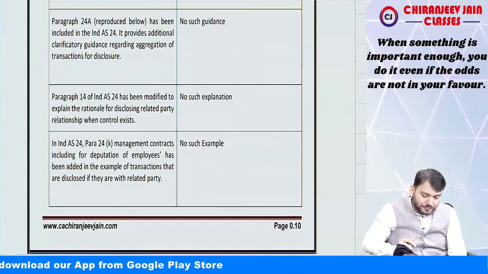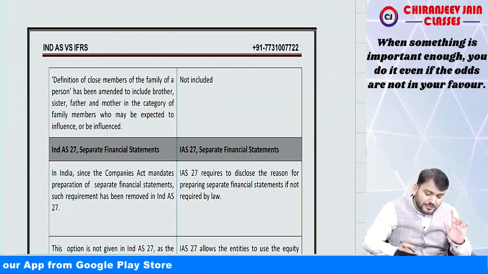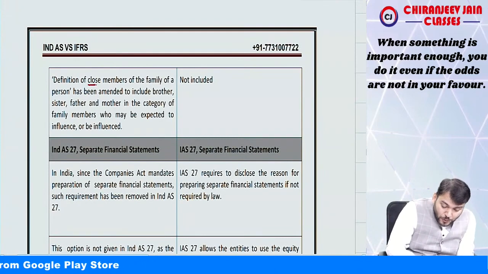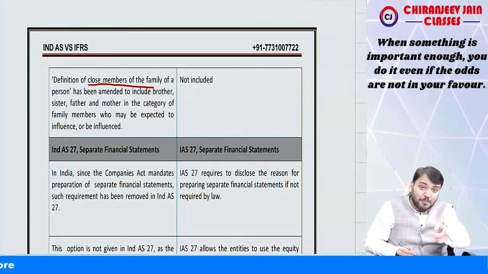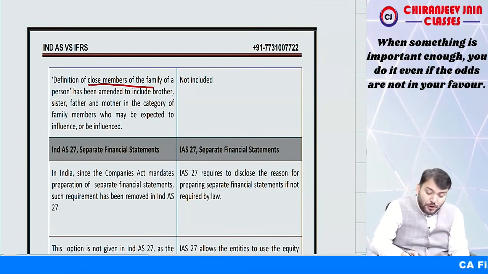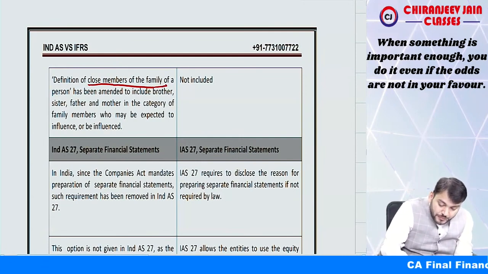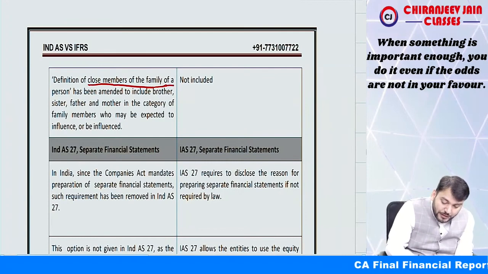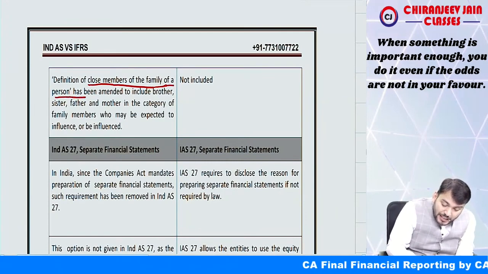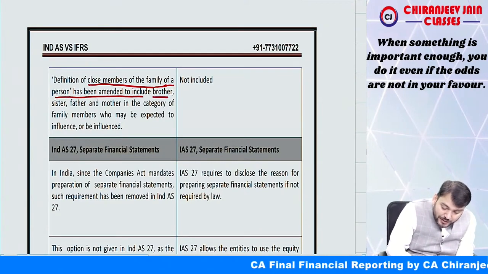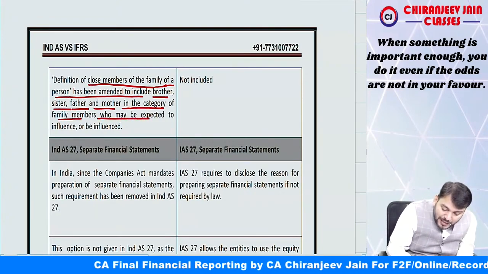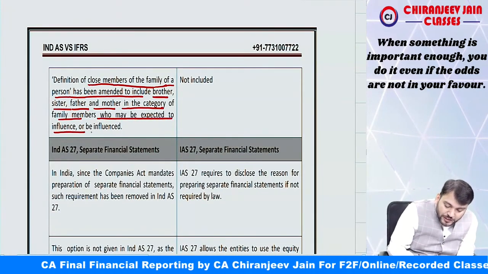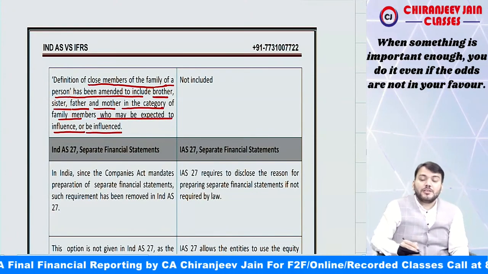Correct? Yes, sir. One more major change is about the definition of close family member. You remember close family member? As per Ind AS 24, the definition of close member of a family of a person has been amended to include brother, sister, father, and mother in the category of family members who may be expected to influence or be influenced.